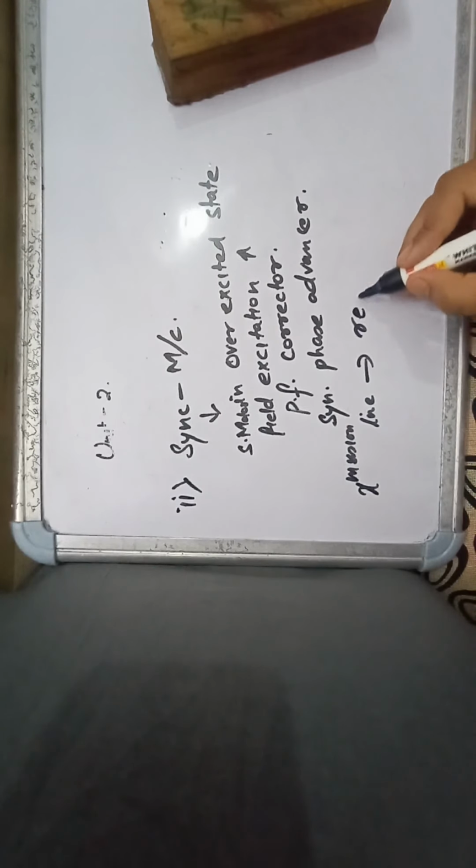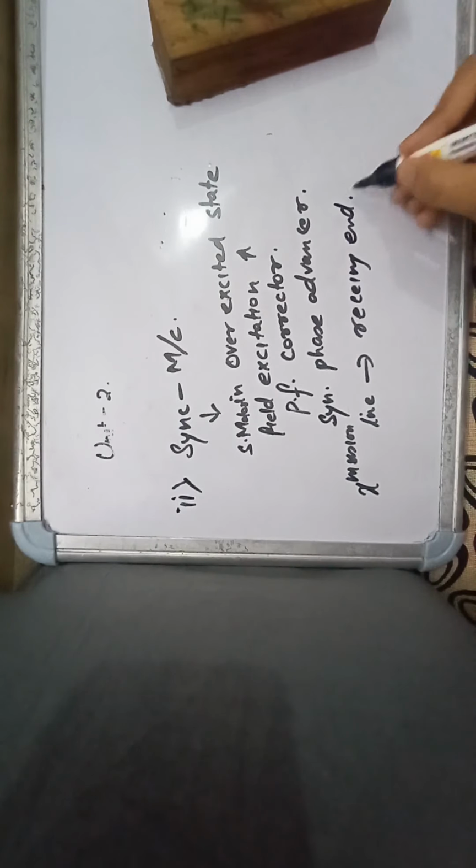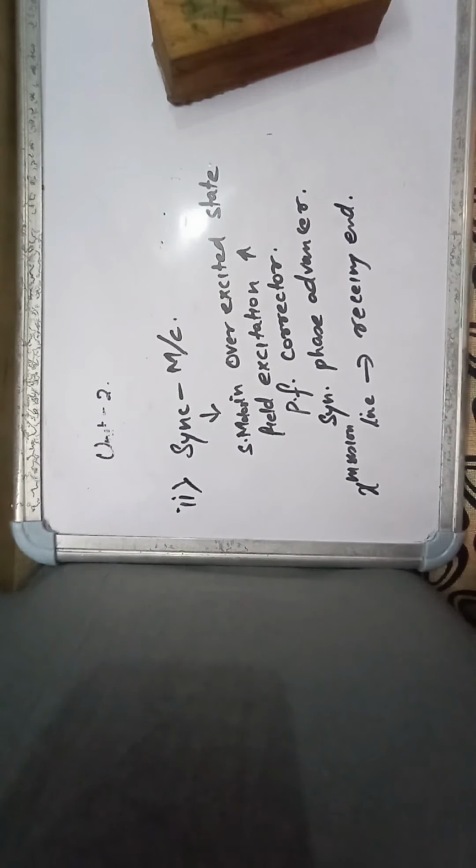Okay, there are two ends, receiving end and sending end, and if you want to install a power factor corrector device, please install it at the receiving end. This is a generally asked question. So we'll be discussing more numericals on this, and then you will have clarity on it. Okay, thank you.